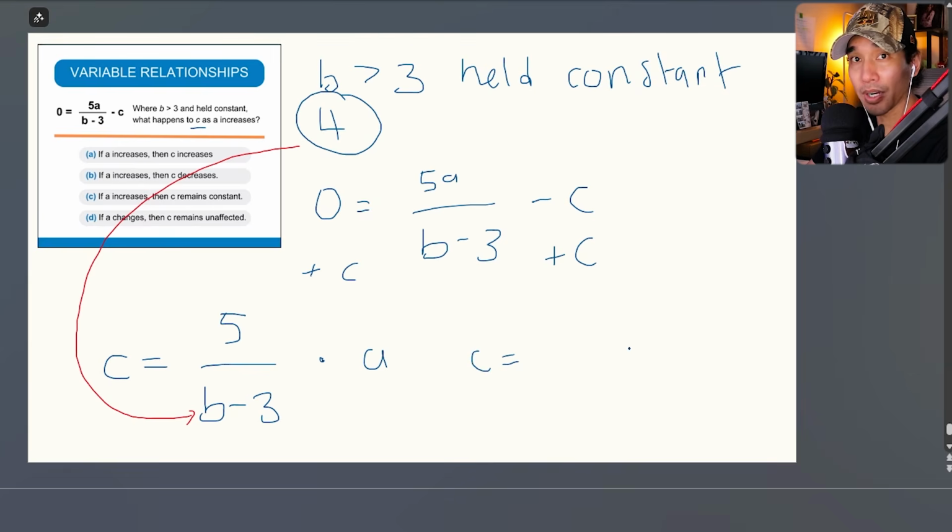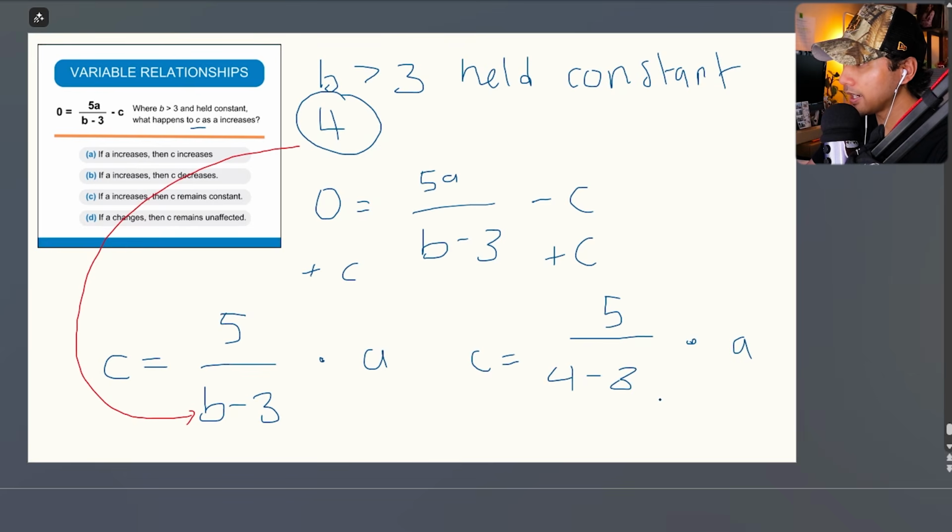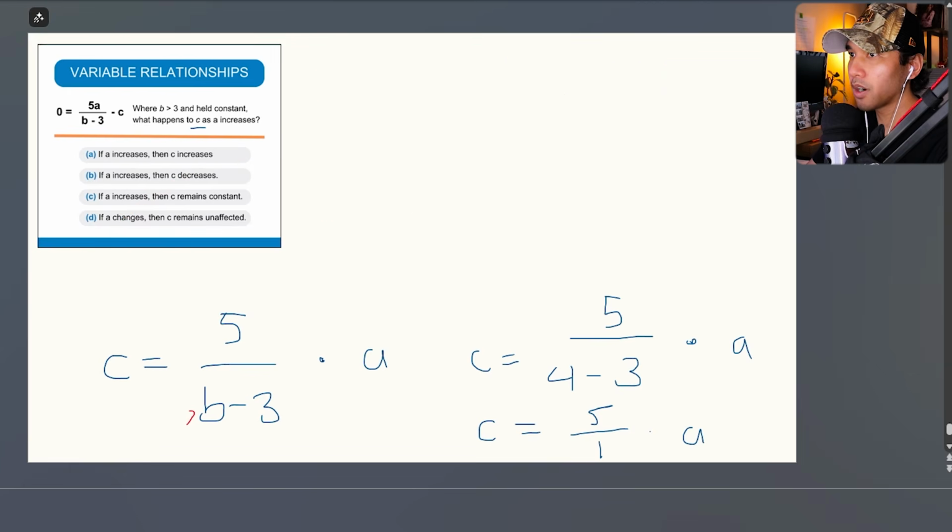C equals 5 over 4 minus 3 times A. Then we just do the equation. C equals 5 over, 4 minus 3 is 1, times A. Now our equation writes C equals 5, because 5 divided by 1 equals 5, times A.